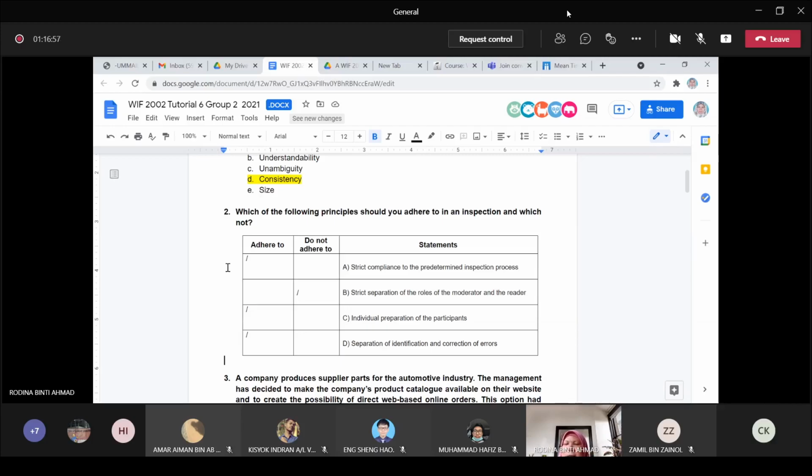Usually we can separate this job into two, given to two different people, because identification is a different process. Sometimes you also have to ensure what the source of these errors is, and whether these errors are really errors or not, before we can actually do the correction. So this principle is crucial.